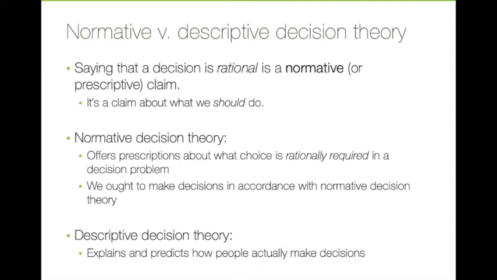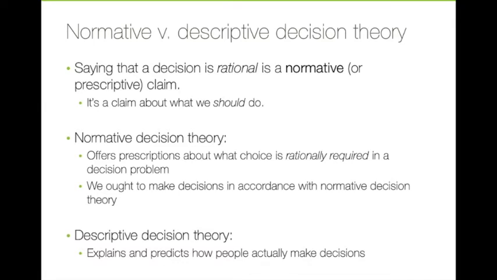So it tells us we ought to make decisions in accordance with the guidelines of normative decision theory. When we've been discussing decisions under risk and decisions under ignorance, that's been a focus on normative decision theory. Expected value, expected utility, rules like maximax and dominance are all meant to guide what choice we should make in the face of a decision problem.